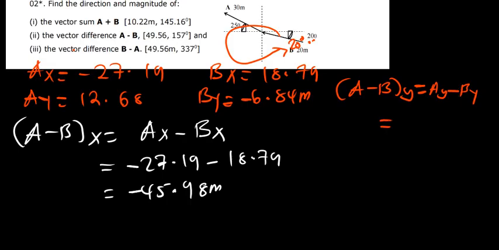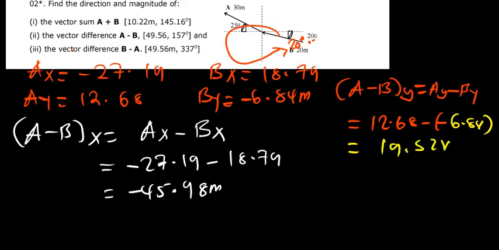So my ay is 12.68 minus, again there's a negative there, my by is negative 6.84. Negative negative gives plus, so we have 12.68 plus 6.84. I'm getting 19.52 meters. As simple as that.